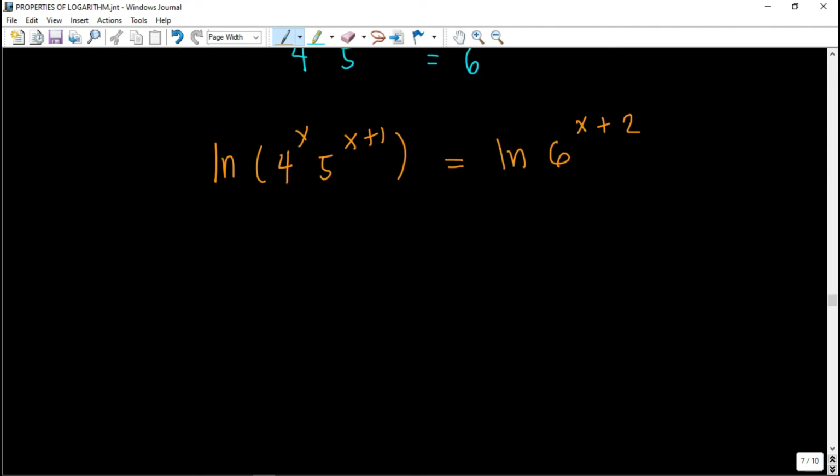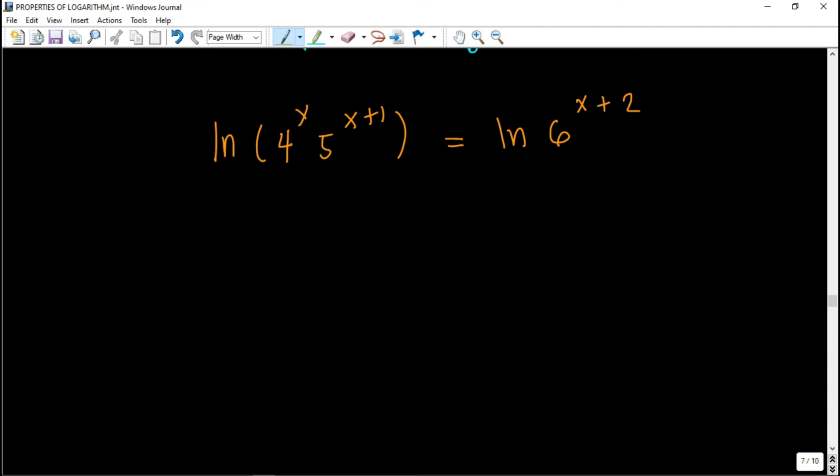From the properties, the expressions inside are multiplied, so we can separate them by adding. So we have ln of 4 raised to x plus ln of 5 raised to x plus 1 is equal to the natural logarithm of 6 raised to x plus 2.